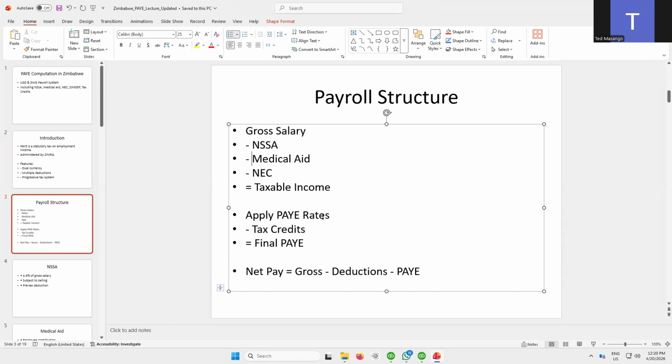So we're going to see how you apply that. Then from there onwards, you get your final pay. You then also charge the aids levy. Then finally, what the employee gets is a net pay, which is your gross salary, less deductions, less PAYE, to get the net salary.